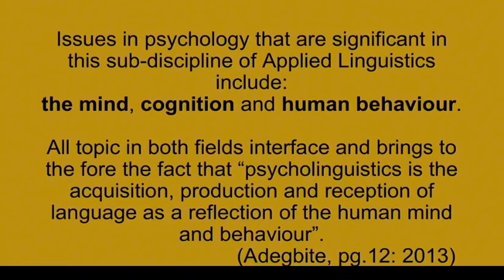And like I mentioned earlier, human behavior has to do with how words can be reflective of the behavior, motivation, attitude, and desire of a human being. All of this brought together, issues from psychology and topics from linguistics, is a blend of what psycholinguistics is all about.